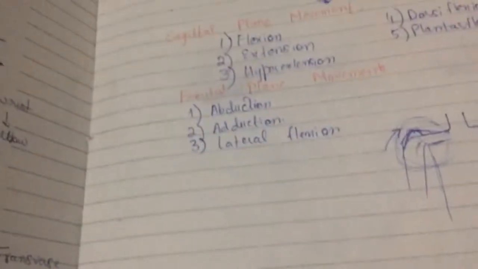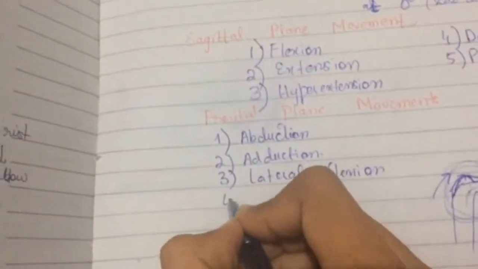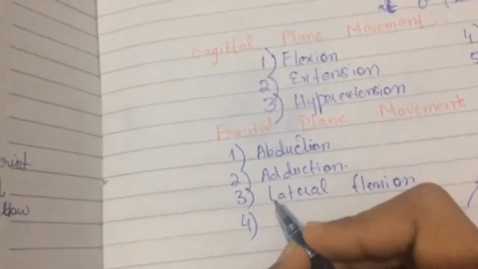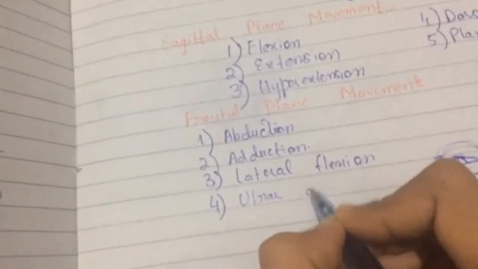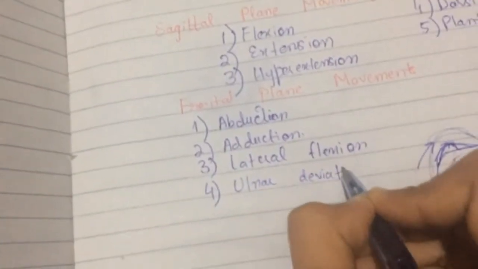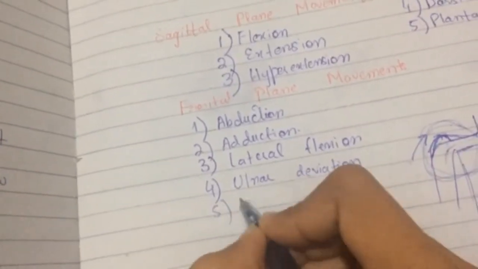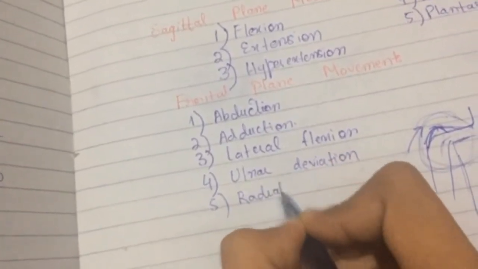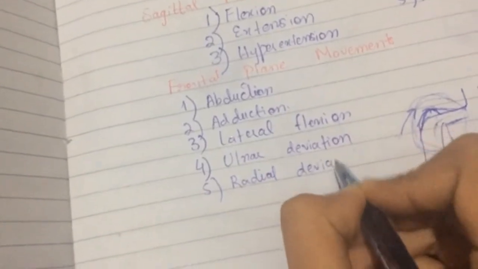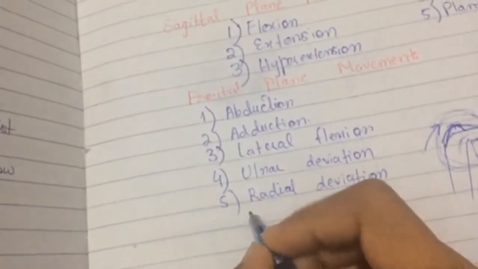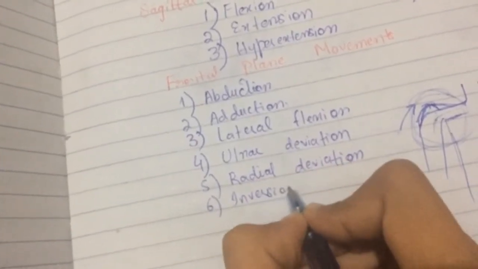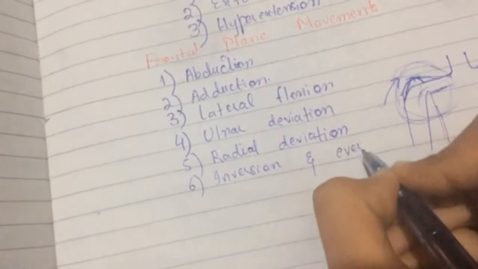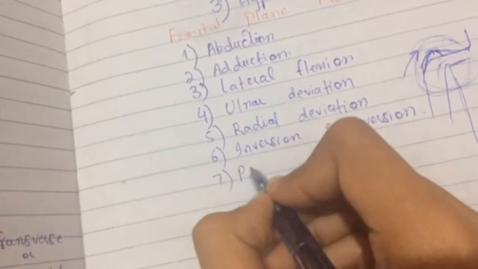Now the first one is ulnar deviation, radial deviation, now inversion and eversion, and then pronation and supination.